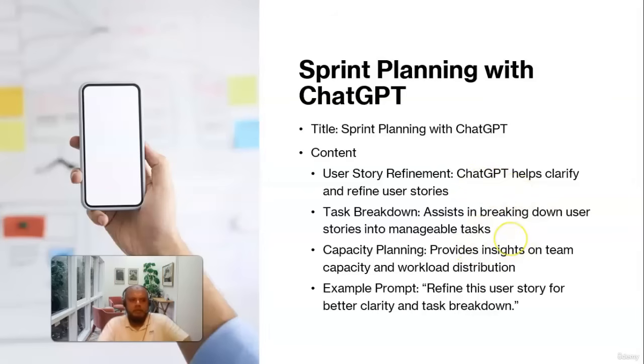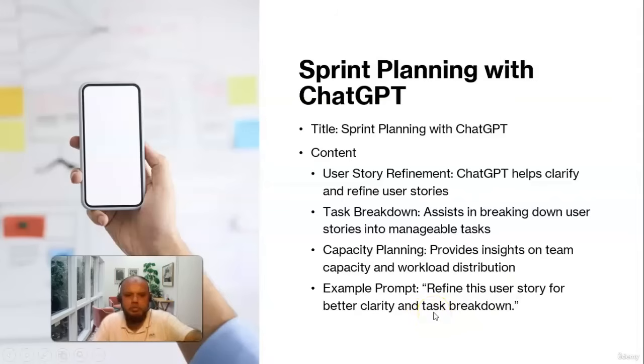Next is task breakdown. It can assist in breaking down user stories into manageable tasks, making it easier for the team to plan their work. And capacity planning: ChatGPT provides insights on team capacity and workload distribution. An example prompt here is: refine this user story for better clarity and task breakdown.